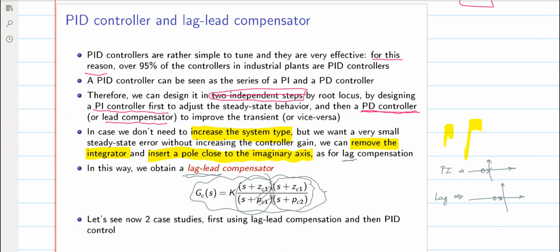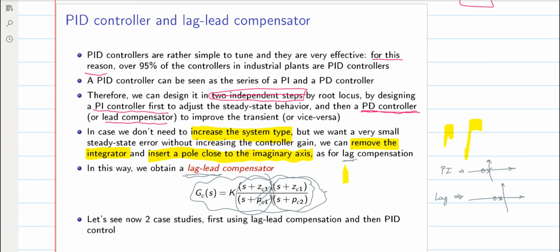The design procedure here would be, because they are in series with each other, we can start by designing the lead compensator first and then the lag compensator afterwards, or it could be the other way around. So in both cases, designing the practical PID controller, or the lag-lead compensator, using the Root-Locus approach could be done in two steps.